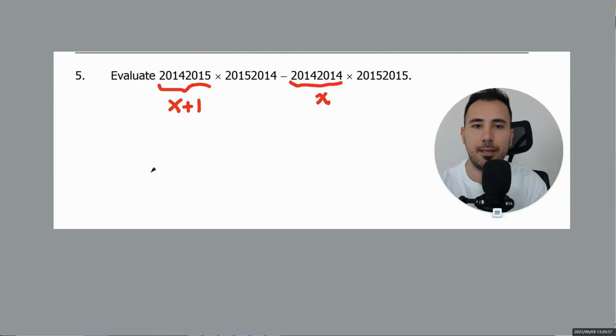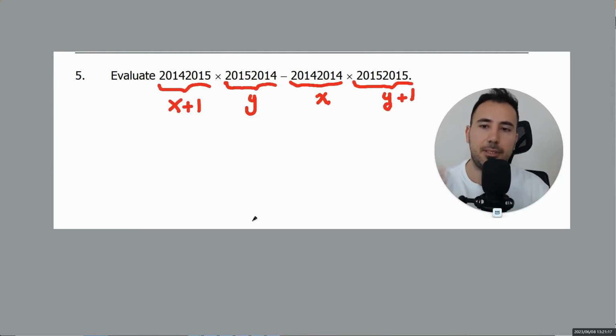Okay. Well, let's do the same thing with these. Which one is smaller? This one is smaller. I'm going to call this Y. So this one is Y plus 1. Okay. So now instead of writing these weird numbers, we're just gonna write X and Y. It would be so much easier.